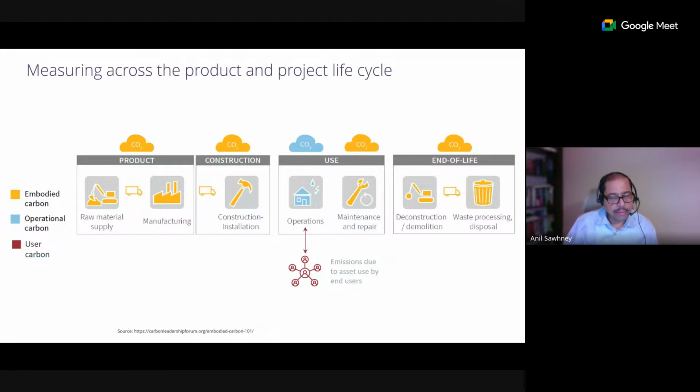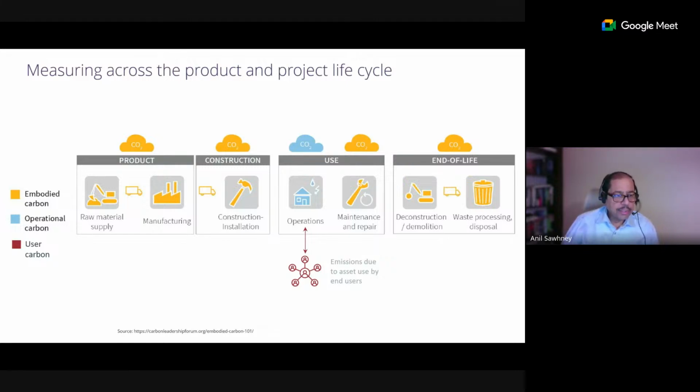Then when the building is complete or the bridge is complete and it's being used, all emissions that come from operating it. So like this building in which you are, the lights, the air conditioning, any elevators, any escalators, all the energy use, water use will be accounted for. Emissions resulting from the use of those, any maintenance and repair, and then end of life.